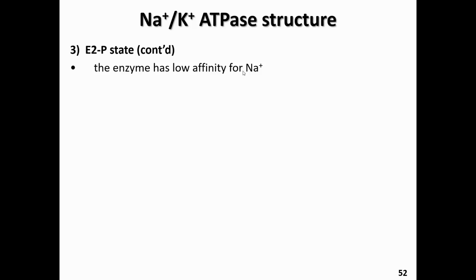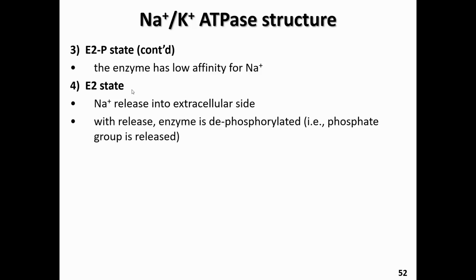And this is an advantage because we don't want sodium bound strongly to the enzyme when this part of the enzyme is facing the extracellular component of that cell. So it can easily release sodium into that extracellular space. So in the E2 state, we see that sodium is released to the extracellular side.